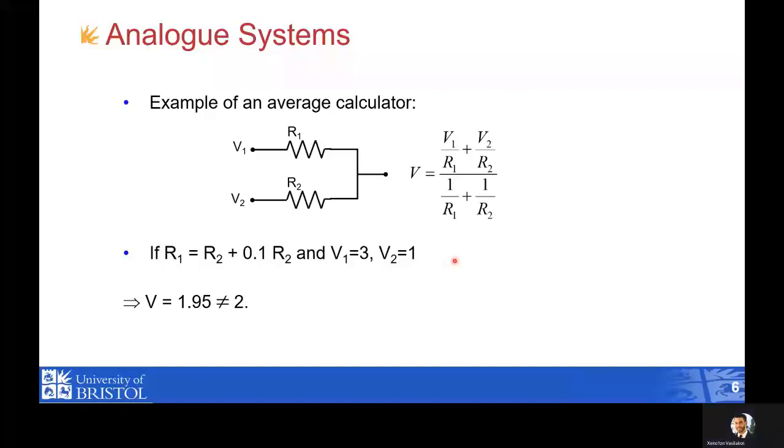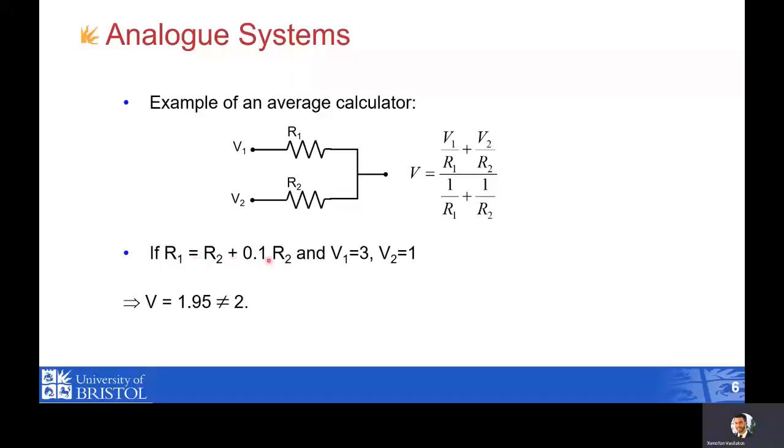Now, this is an example of a different average calculator. Well, it looks the same in the image, but here we have a small difference. In this example, R1 is R2 plus 0.1 R2. In other words, the two resistances are not the same.